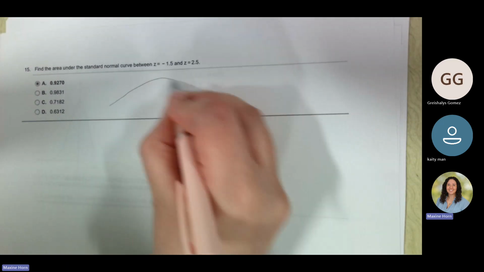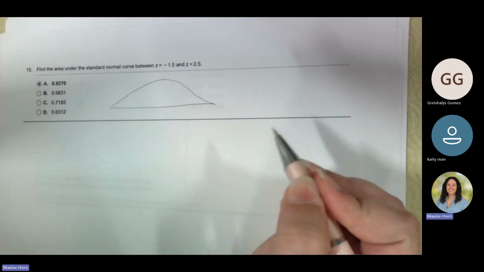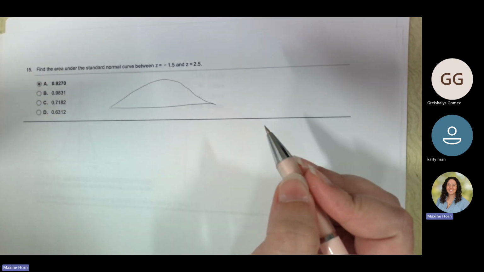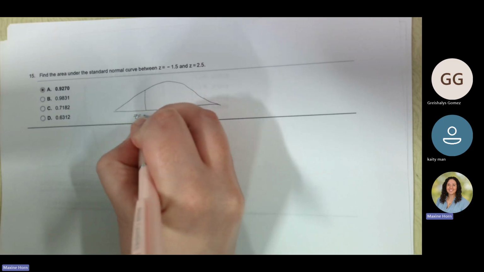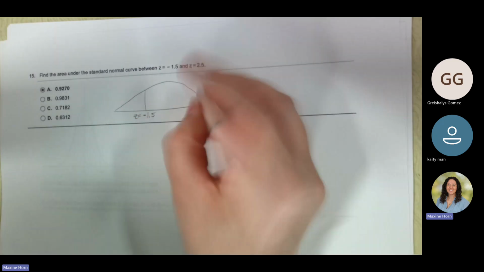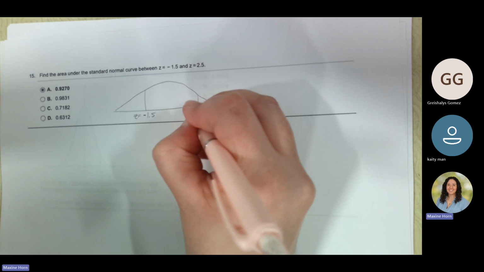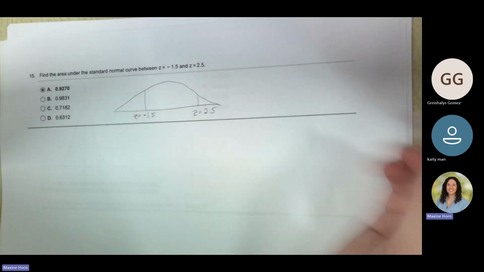Find the area under the standard normal curve between those two values. So again, same type of thing, right? Mine never look even. That's fine. Okay. So we have a negative z-score. So I know I'm going to be to the left of the mean. And then I have a positive z-score. So I know I'm going to be to the right of the mean.